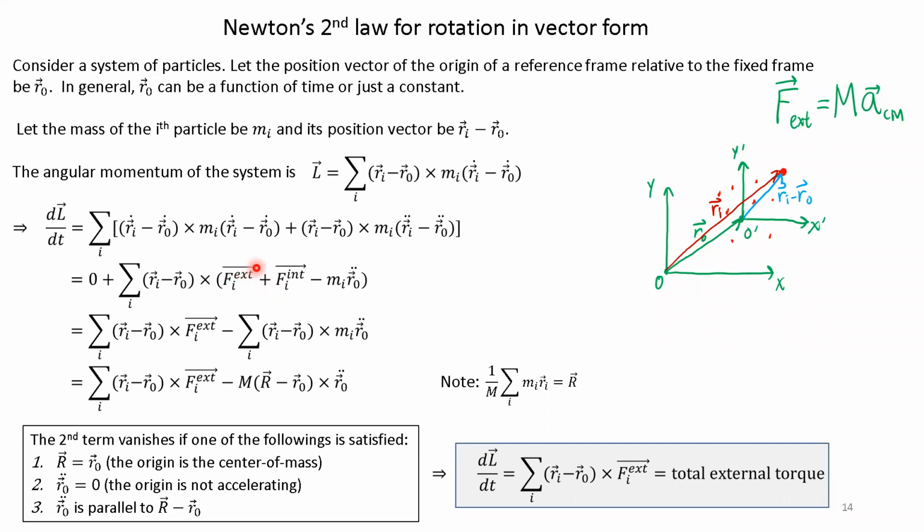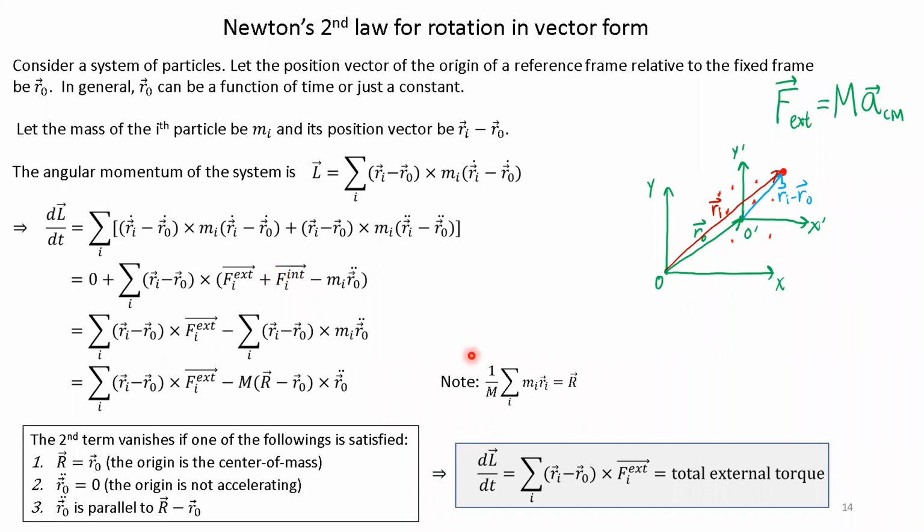So then the first term, this Ri minus R naught cross F external, is written here. And then the last term, this one cross Mi R naught double dot, is written here. And then what about this term? This term, the cross product with the internal force, summing up will be 0.